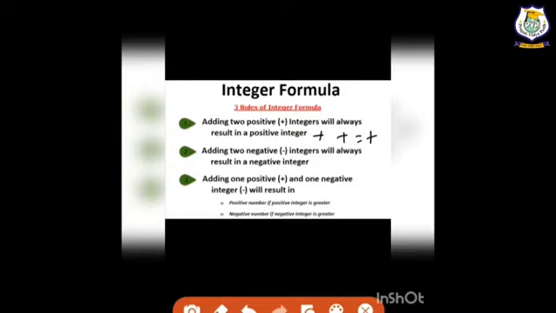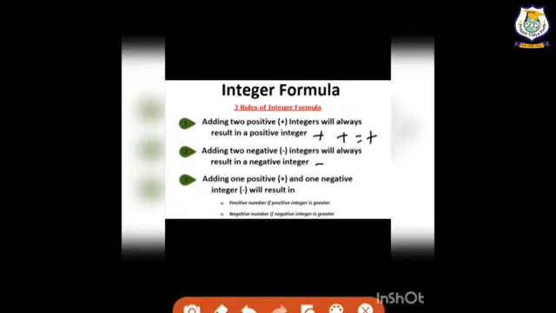Now come to the second point. Adding 2 negative integers will always result in a negative integer. Same here, if we have 2 numbers that both have the negative sign, the answer will also come with the negative sign.